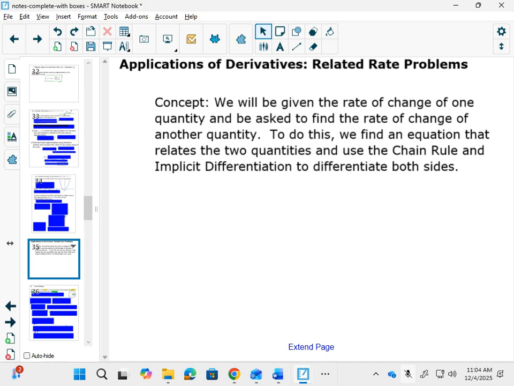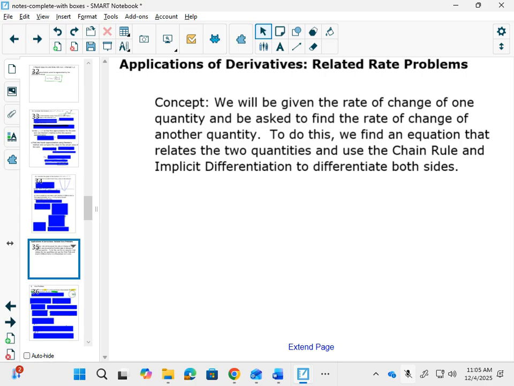Those are called related rate questions because you have multiple things changing, and you could figure out how fast one thing is moving as another thing is moving, or how fast the radius is changing as the volume is changing. That makes it a related rate problem because you have two rates and they're related to each other because as one changes, the other one changes.